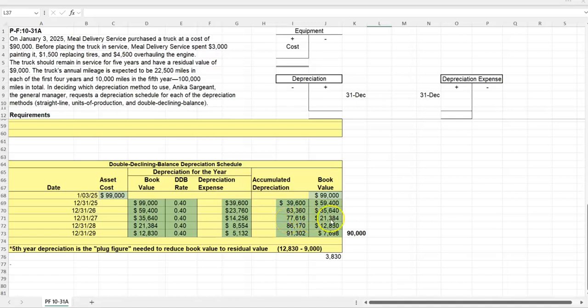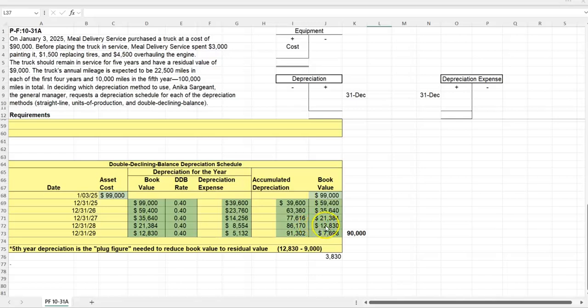That gives us accumulated depreciation of 77,618. Book value, 21,384. So we take that book value times 40%, comes out to $8,554. And the accumulated depreciation, when we add that to the previous, comes out to 86,170.